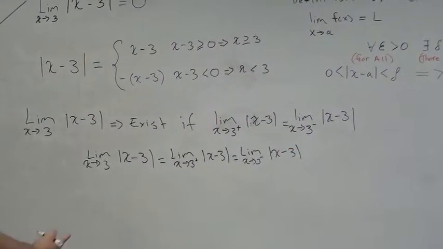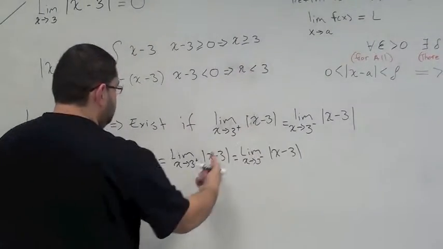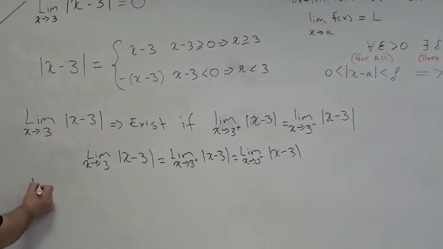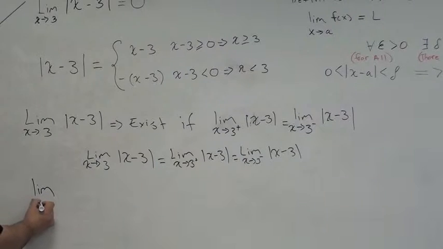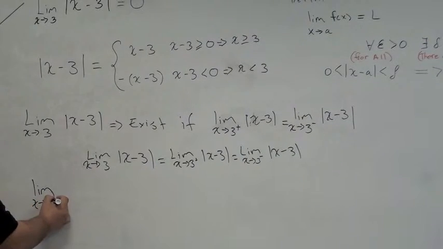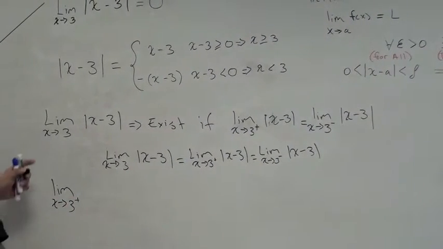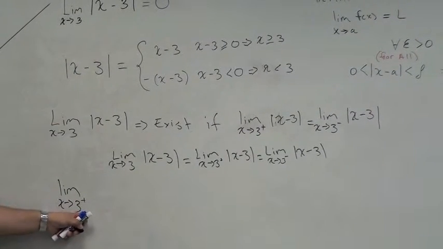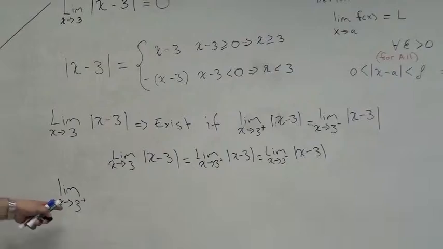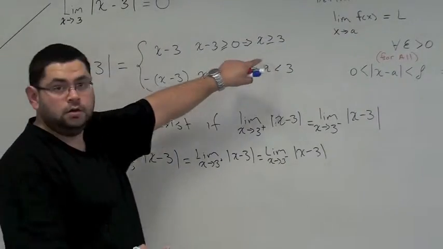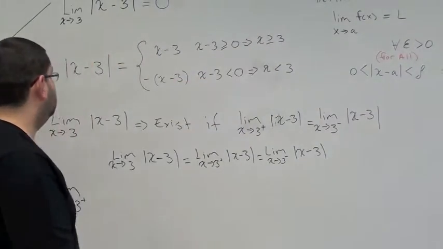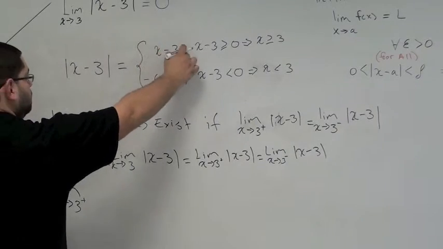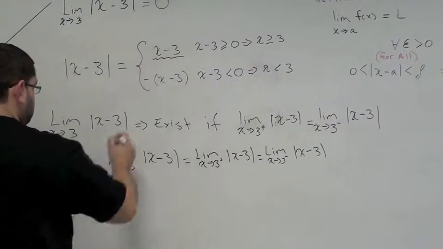Now I need to work with this limit as x approaches 3 from the right. So now if I come back to my piecewise functions, I know that I'm approaching x from the right, which means that my x is going to be greater than 3. So I'm going to work with this function here.